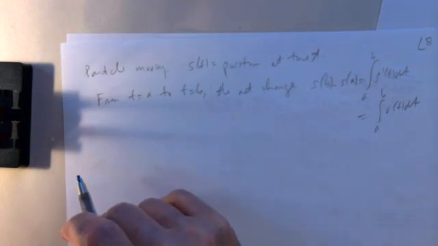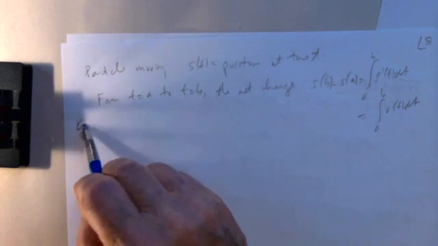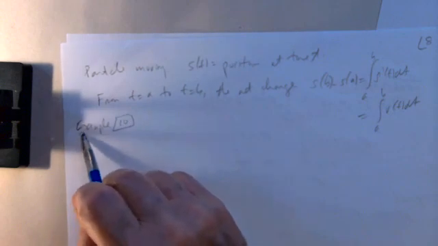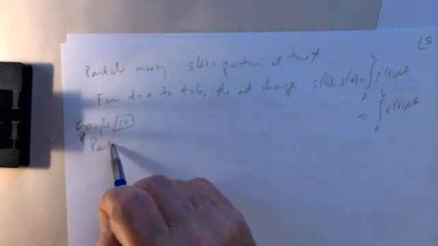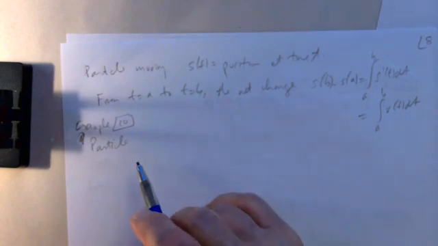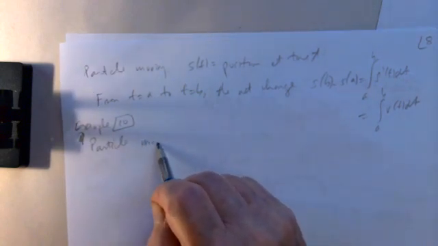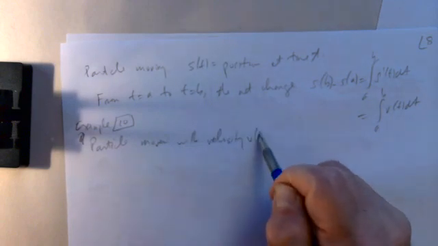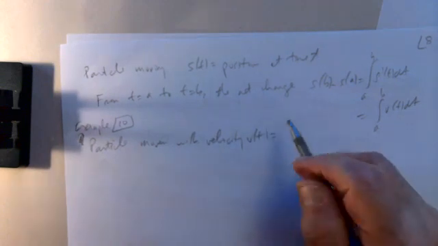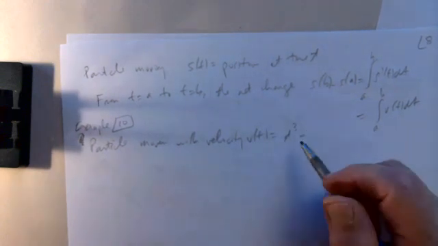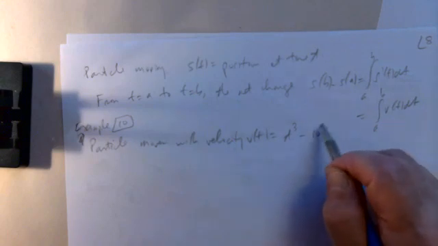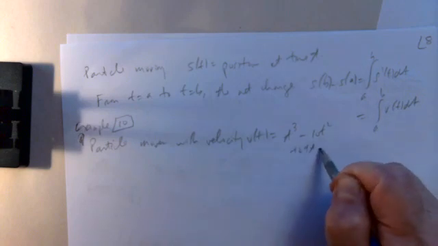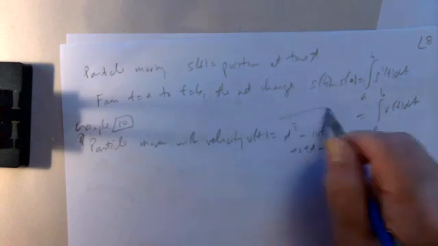So suppose a particle, this is an example. This is example 10 in the text. A particle moves with velocity at time t, v of t equal to, a little bit complicated, t cubed minus 10t squared plus 29t minus 20.